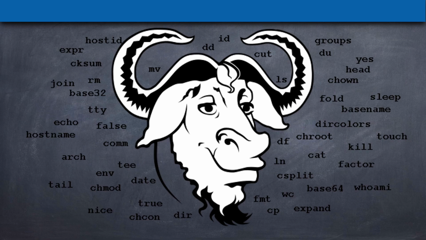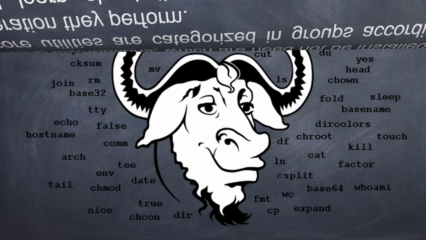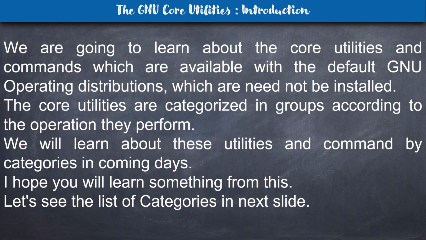This is just an introduction. So let's see the introduction first. These are the core utilities and commands which are available with the default Linux operating system, which need not be installed, as I already told you.